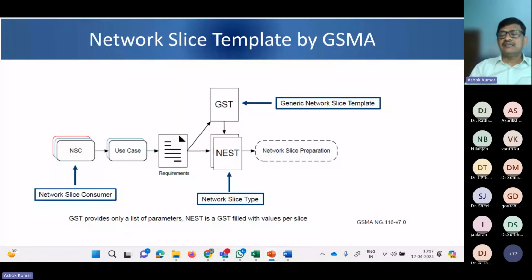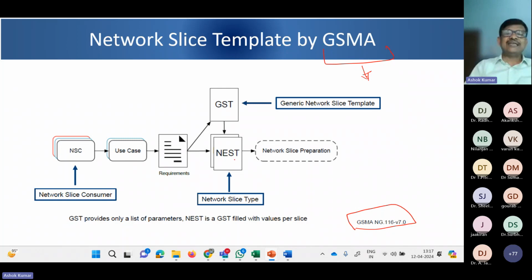Okay. Now the final 2 slides. For every slice, as we know, there will be different configurations in terms of quality of service requirement. For this purpose, GSMA has created a standard through their document. This is the document name, wherein they have given a slice template, right?